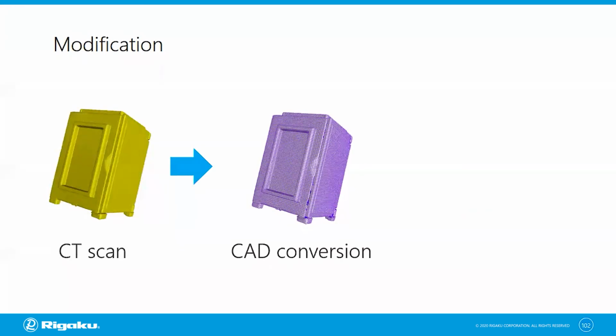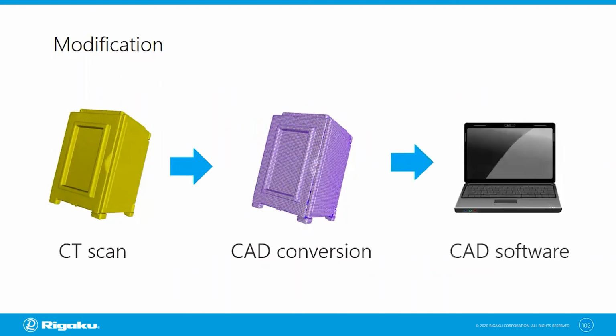So you can use that tool to do this. Then now we have a CAD drawing file. So you put that in the CAD software, make necessary modifications, then print it or produce it. So those are two kind of simple ways to use X-ray CT for reverse engineering.